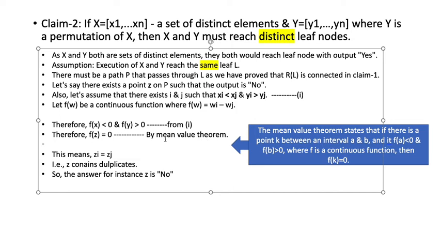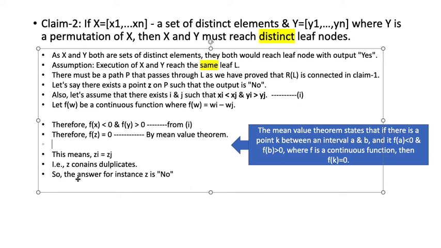So that's the mean value theorem. We have applied the same theorem here, but in our case, a is x, b is y, and k is z. So by the mean value theorem, we can say that f of z is 0. So what does it tell us? f of z is 0, that means z of i is equal to z of j, right? As the definition of f of w is the difference between the ith and jth index, in order to make f of z 0, z of i must be equal to z of j.